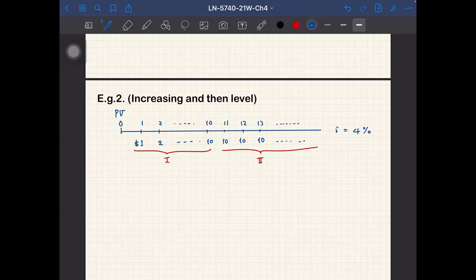So the present value of cash flow 1. This is an increasing annuity for 10 years, so (IA) angle 10 at 4%. Or you can say in the corollary, P is equal to 1 and Q is equal to 1.